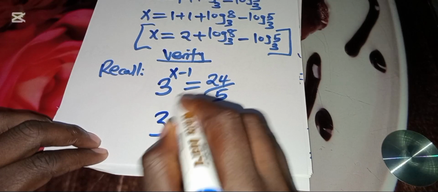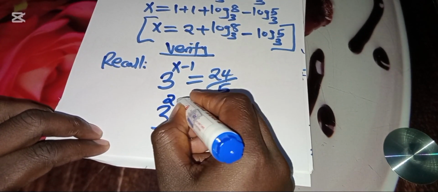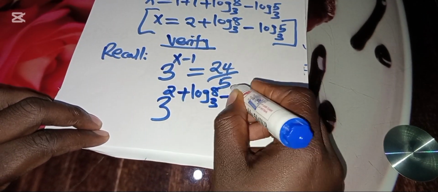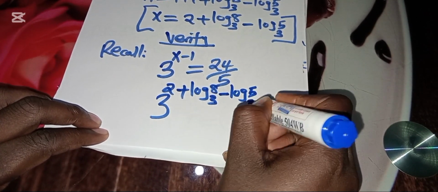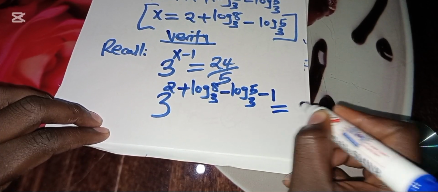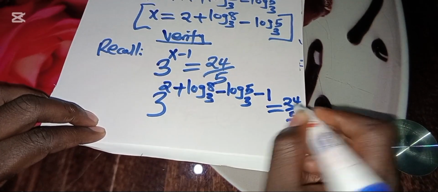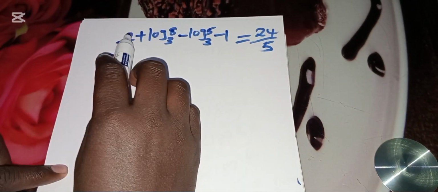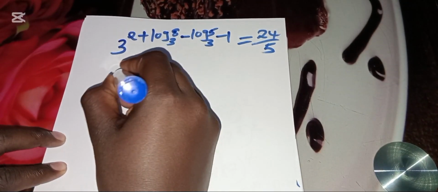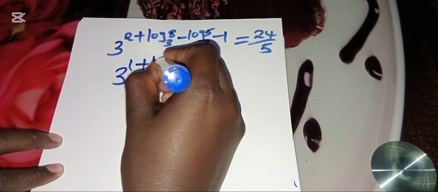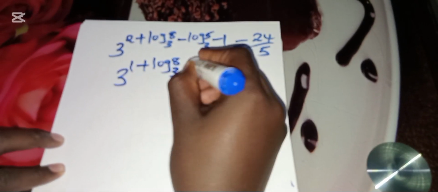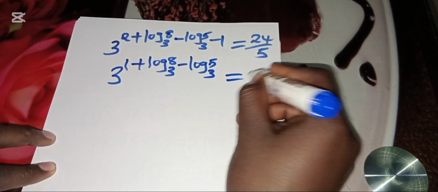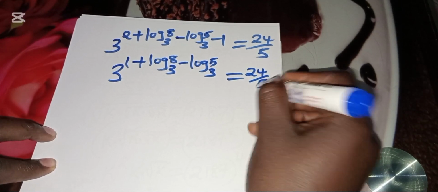We'll have 3 raised to power 2 plus log 8 to base 3, subtract log 5 to base 3, minus 1. This is supposed to give us 24 divided by 5. From here, we have 2 subtract 1. We're going to have 3 raised to power 1 plus log 8 to base 3, subtract log 5 to base 3. This is supposed to give us a value of 24 divided by 5.